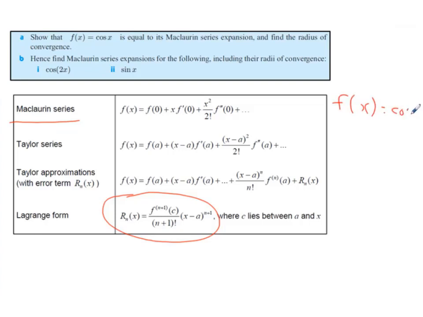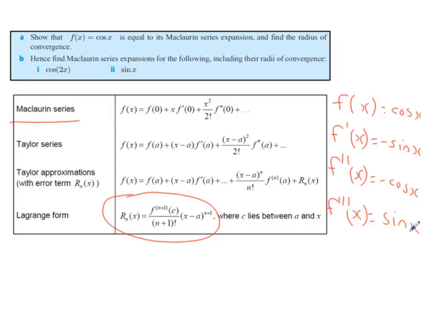So f of x equals cos x. F dashed x is going to be minus sine x. F double dashed x is going to be minus cos x. F triple dashed x, the third derivative, is going to go back to sine x.